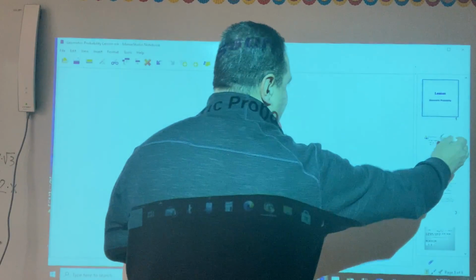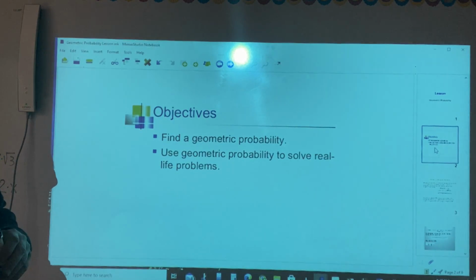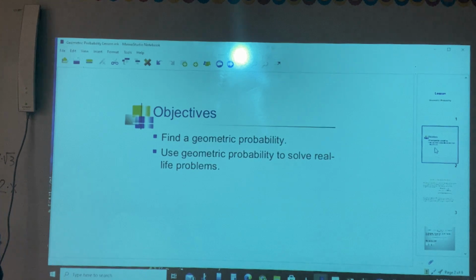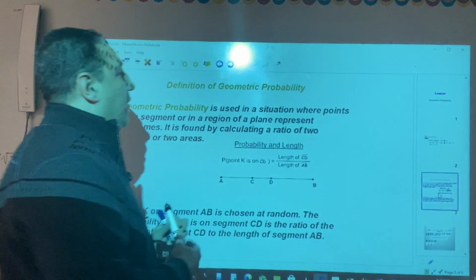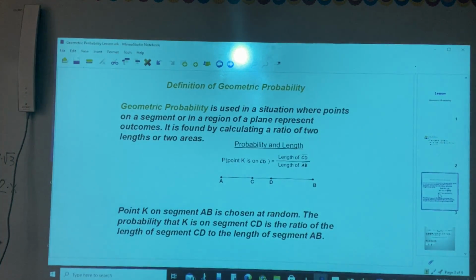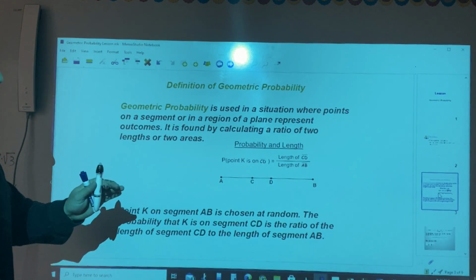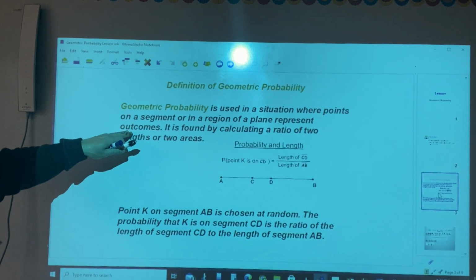Now, in this lesson, we'll learn how to find the geometric probability and use it to solve real-life problems. Geometric probability is used in a situation where points on a segment or in a region of a plane represent outcomes.